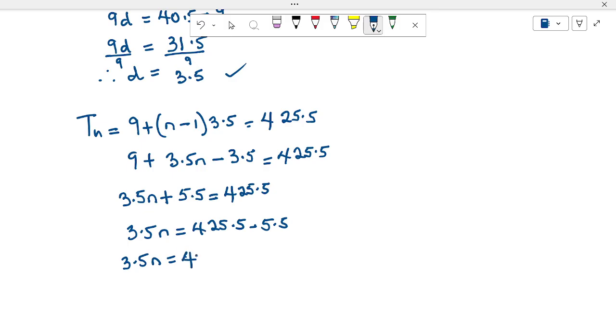So we have 420. Therefore, to get your n, you divide both sides by, tell me what you're going to divide both sides by. Divide by 3.5, so that we can get our n. So 3.5 here cancels 3.5 here, leaving you with n equal to 420 divided by 3.5. That is 120.